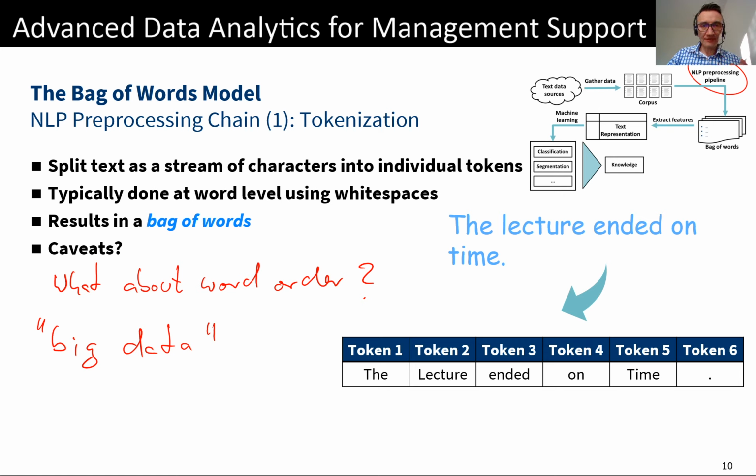But as you can imagine, the semantics of these two tokens when they appear together, big data, is entirely different compared to both words appearing in a text, but not next to each other. Big data is a concept that carries meaning, whereas the word big and the word data, taken in isolation, do not carry this meaning.